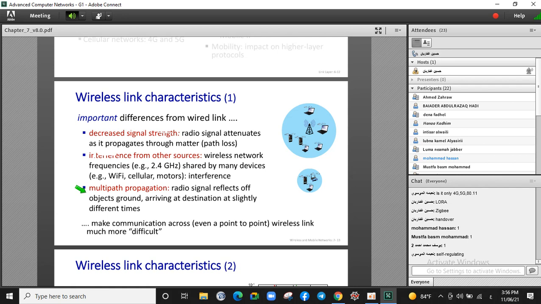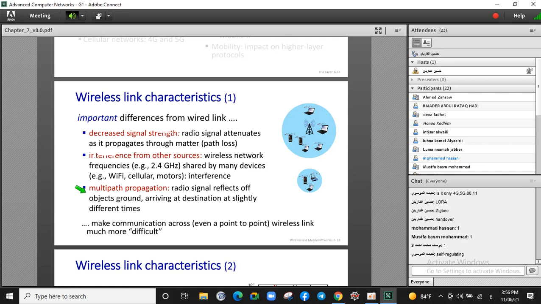But when I'm talking about a wireless one, I can receive the information from different paths. For example, I can receive the information directly, or I can receive it while it's reflected by, for example, a specific surface, something like that.